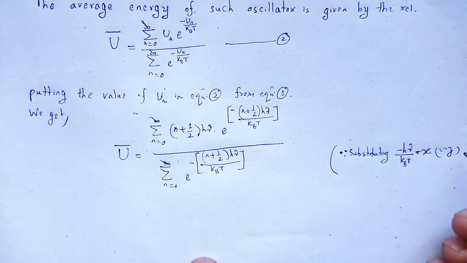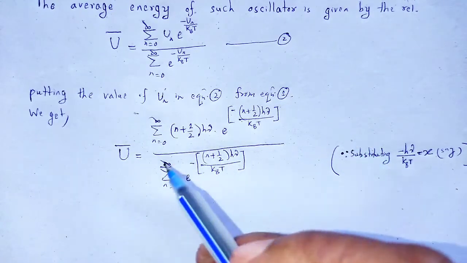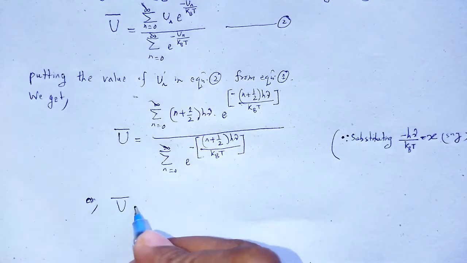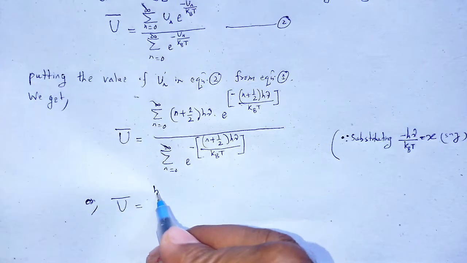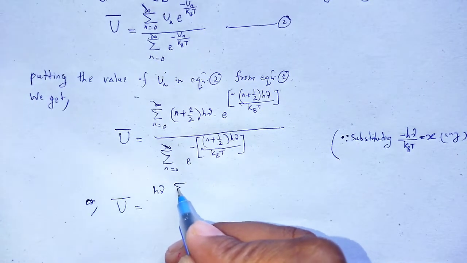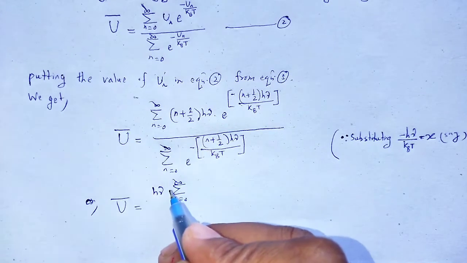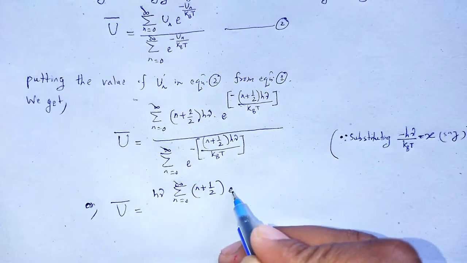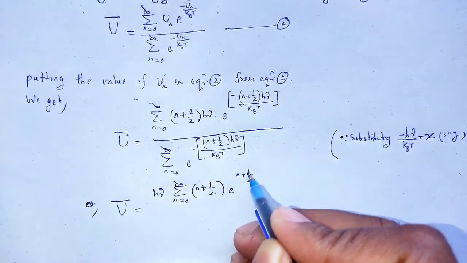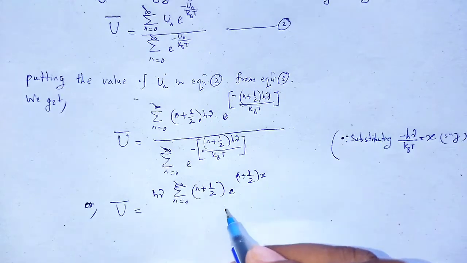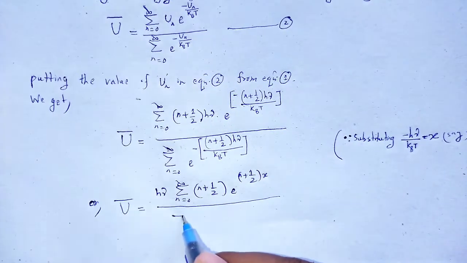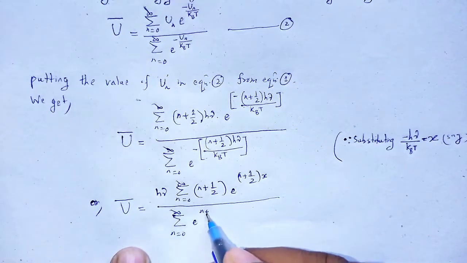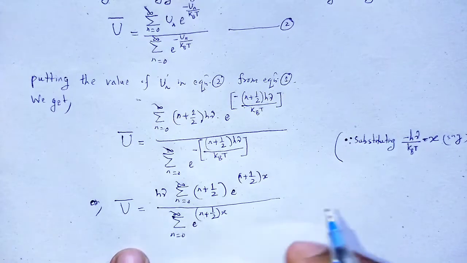Using that substitution, the equation changes to U bar equal to h nu times the summation over n from 0 to infinity of (n plus half) e to the power (n plus half) x, divided by the summation over n equal to 0 to infinity of e to the power (n plus half) x.